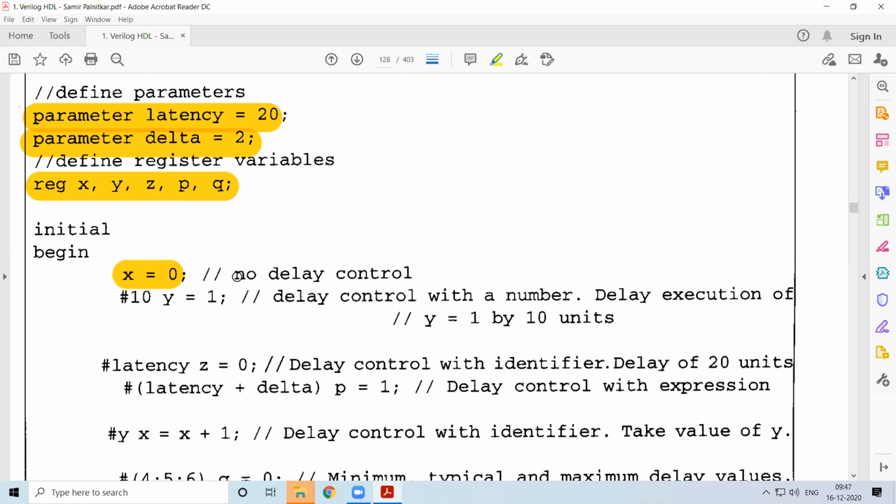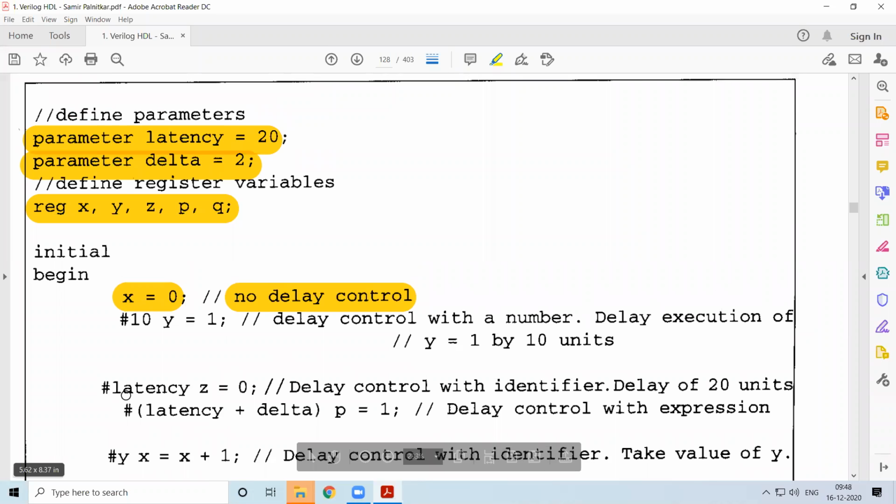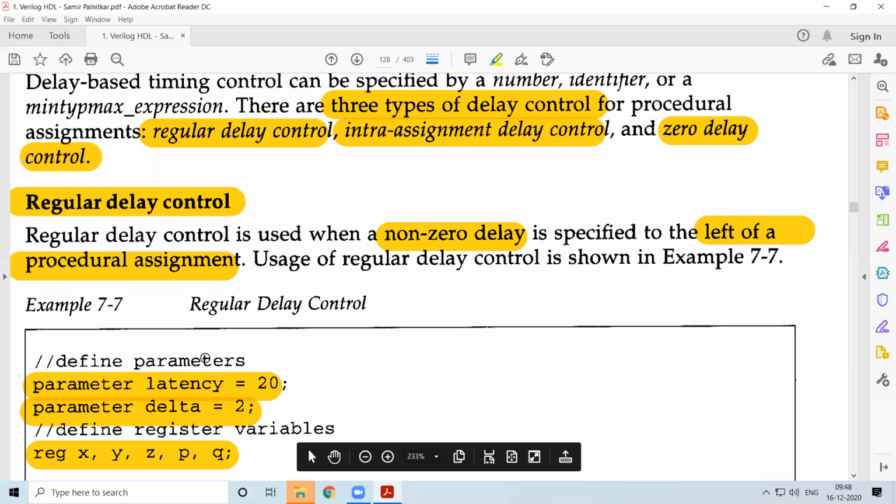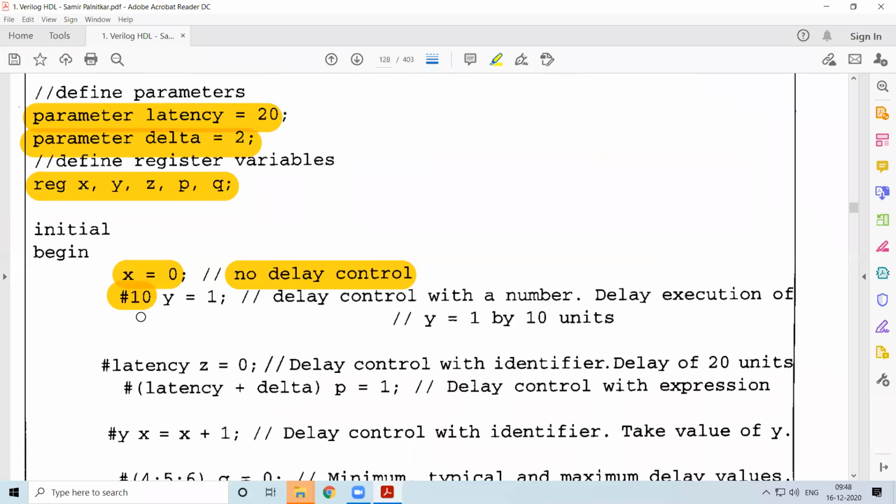Here you don't have any hash or any other value, so there is no delay specified for this one. Next, these are all regular delay controls. The next one has hash 10. So 10 is a number; after hash, you are putting a number.